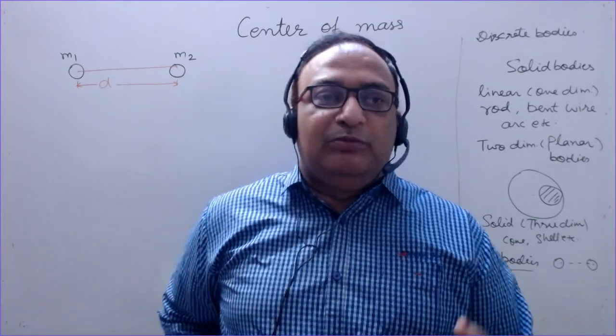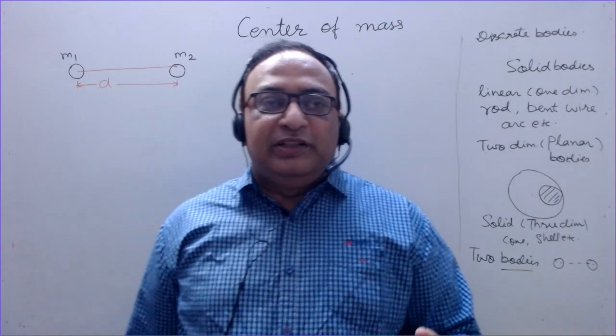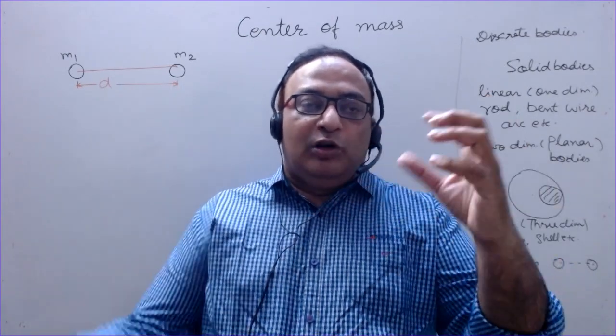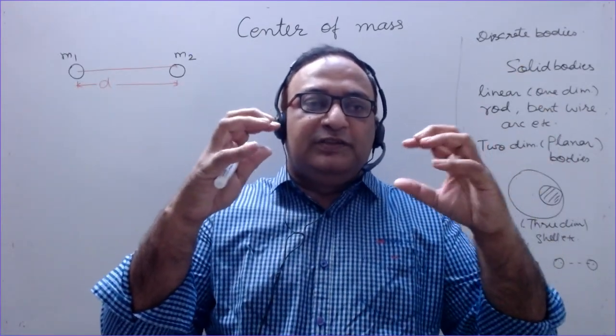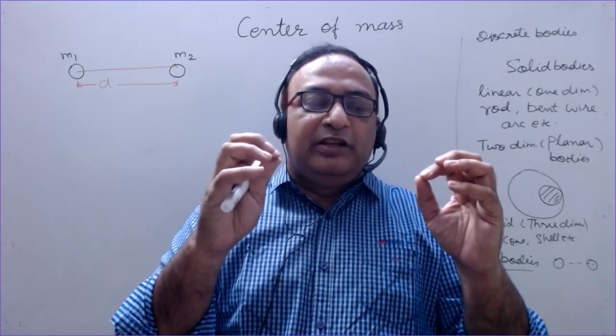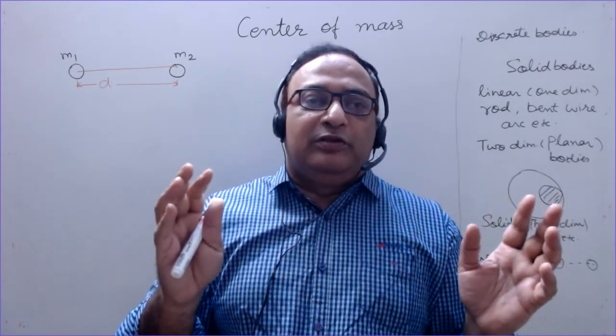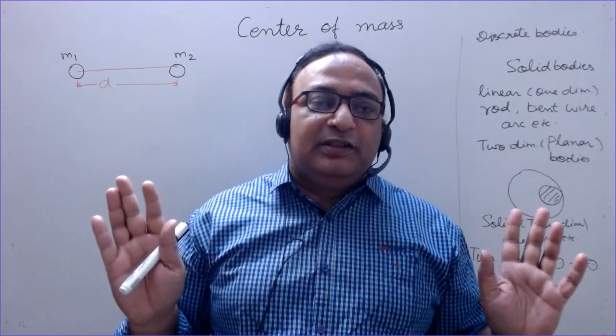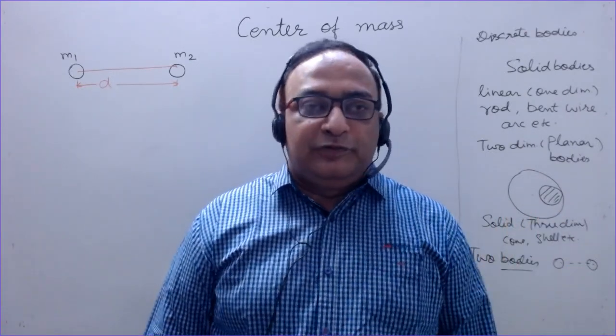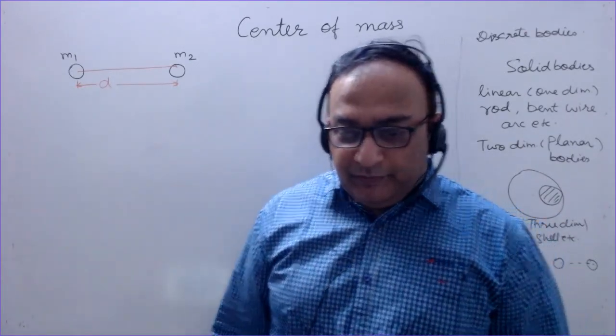You must have used a dumbbell in the gym. You can consider two balls on the two sides of this dumbbell, joined by a very light rod, which is assumed to be massless. That is called a two-point body. So a binary star is also a two-point body.